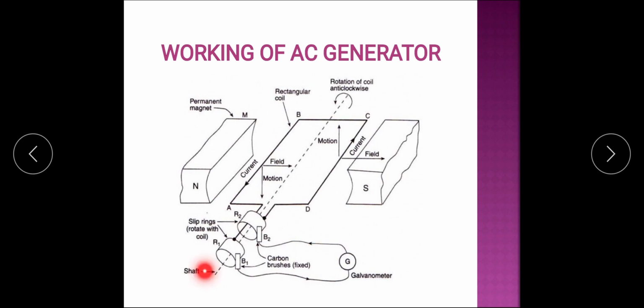So when we rotate the shaft, these rings will rotate, which will lead to the rotation of the coil. Now suppose the external agent applies a force which rotates the coil in the anti-clockwise direction. So when the coil is rotated anti-clockwise, arm CD is pushed upwards and arm AB is pushed downwards.